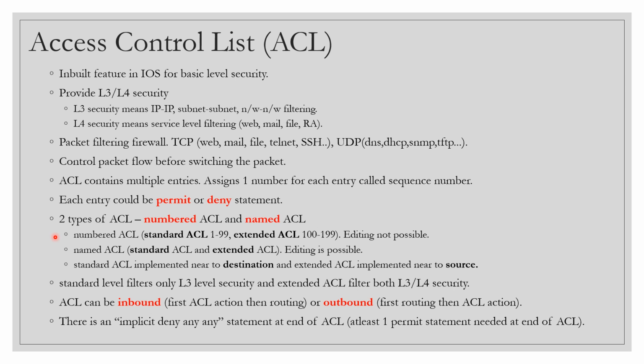One is the standard ACL, which runs from 1 to 99, and the other is the extended ACL, which runs from 100 to 199. So if the number is like 10, it is a standard ACL in the numbered zone, and if it's like 100, it is an extended ACL in the numbered zone.